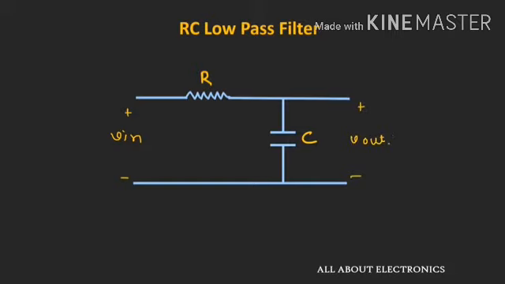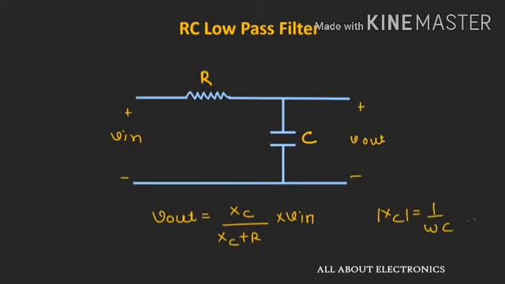Now let us understand how this circuit acts as a low pass filter. The output can be given as Xc divided by Xc plus R into Vin, where Xc is nothing but the reactance of this capacitor, and we know that Xc can be written as 1 over omega C. At lower frequencies, the reactance of this capacitor will be much larger, so the output will be approximately equal to the input.